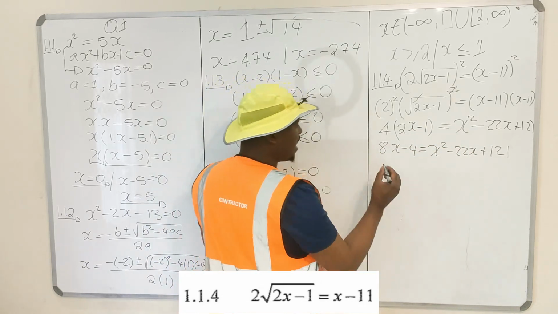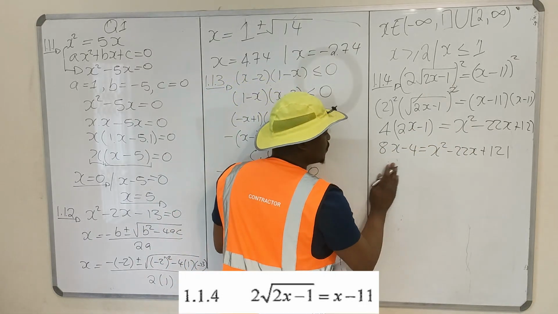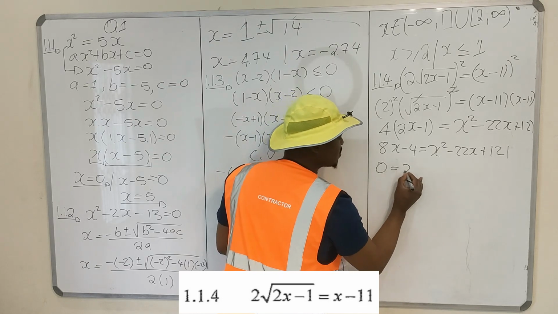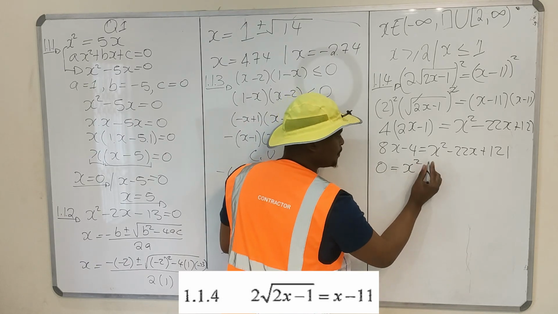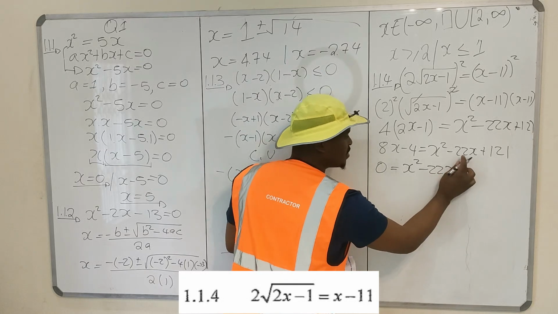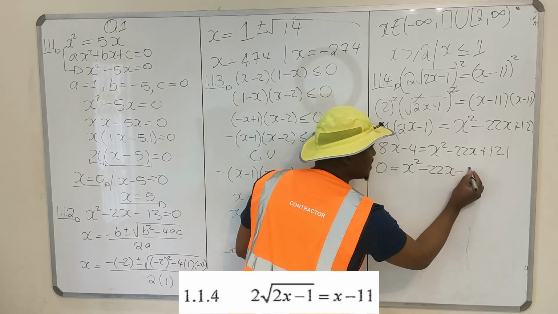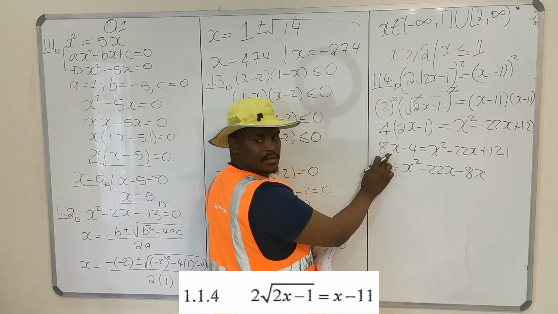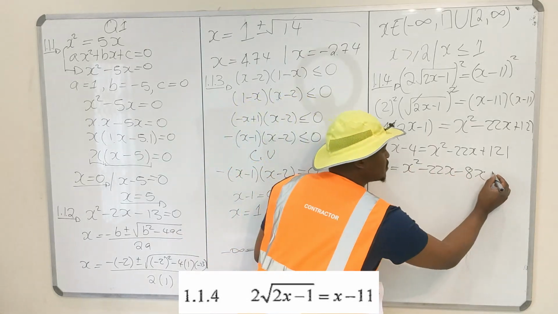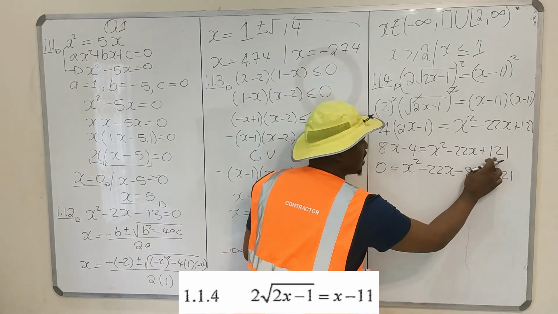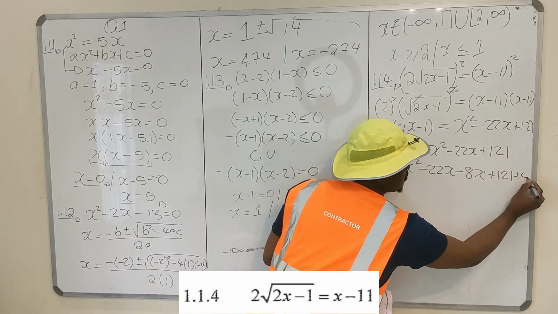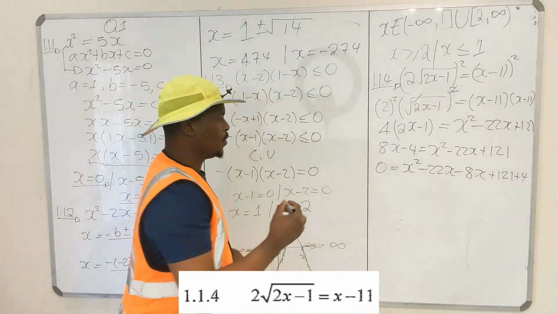So now I will have 0 is equal to x squared, which is this, minus 22x, which is that, right? Yes. Minus 8x, which is this one, plus 121, which is that, plus 4. What do we have?